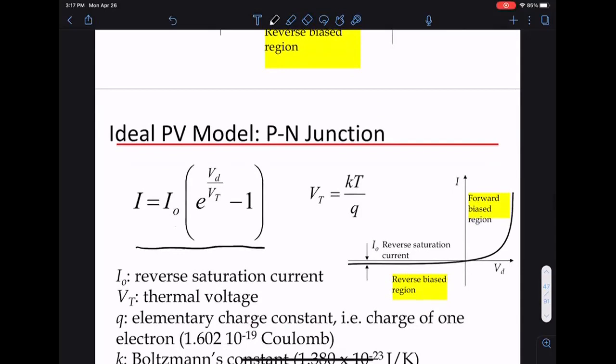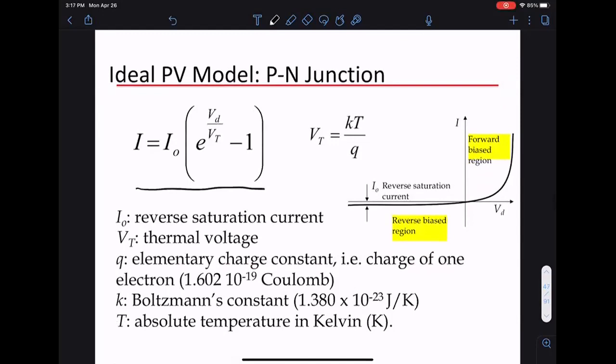Okay, so if you look at this equation, it has many parts to it. Right? So I list all the parts here.